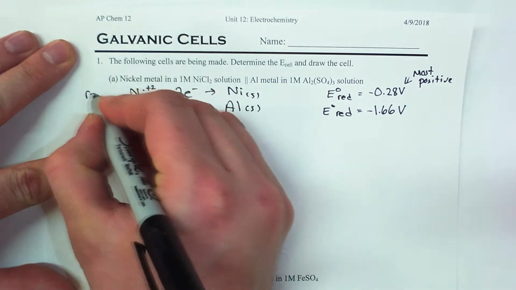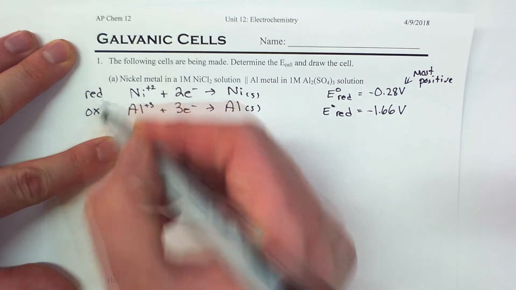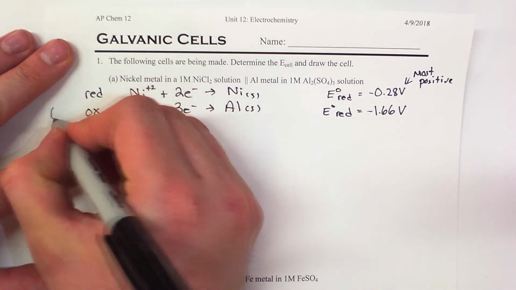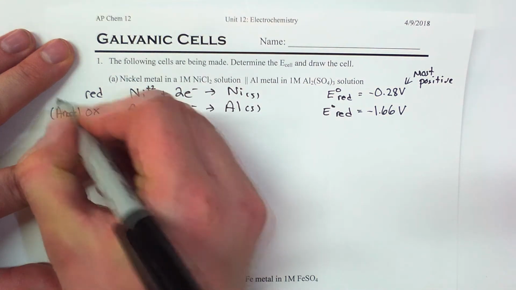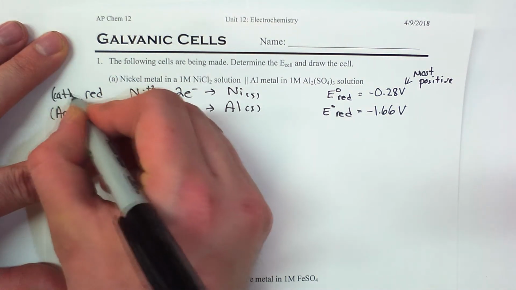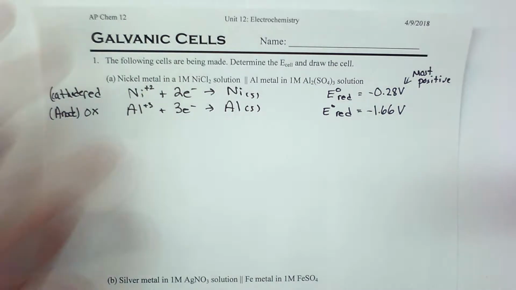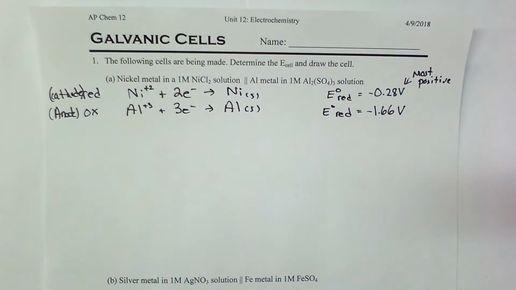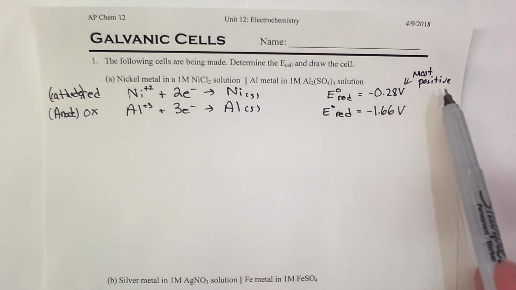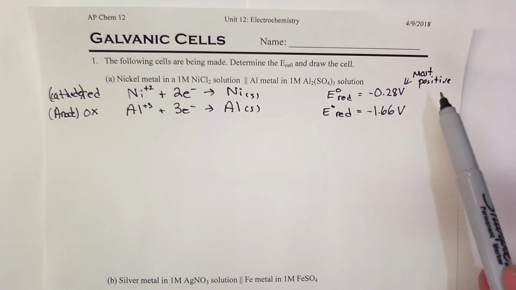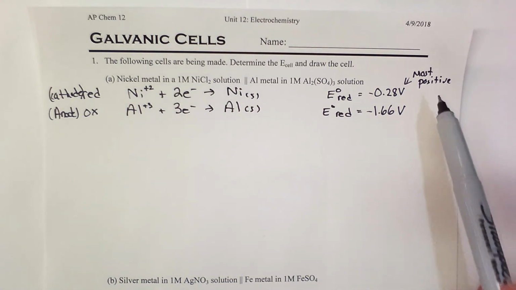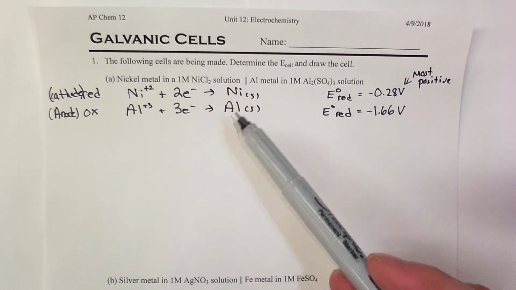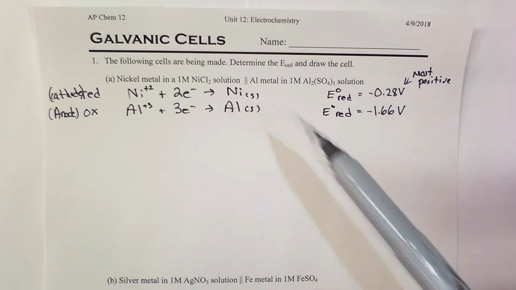So this is reduction, leaving that one to be oxidation. Oxidation means this is going to be the anode, and this is going to be the cathode. Again, the one with the more positive standard reduction potential will be the cathode. And I would say the big challenge here is just making sure that you can write out the meaningful half reaction.